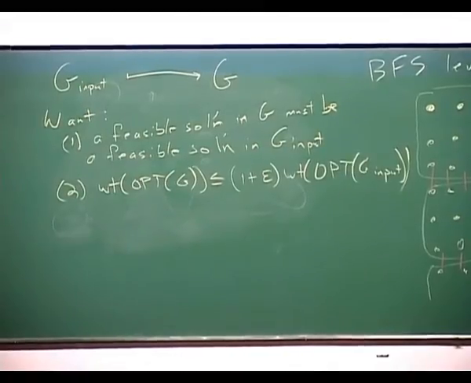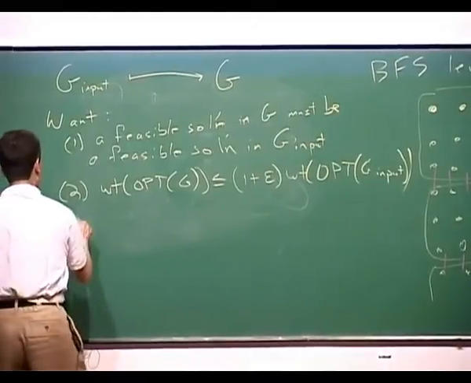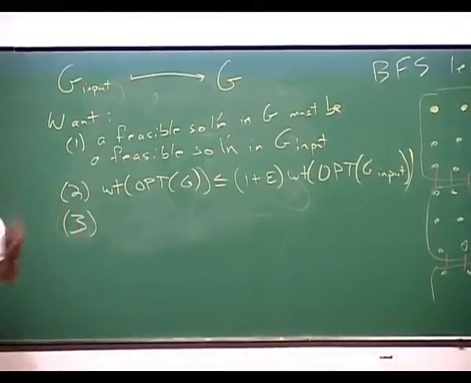All right, there's one more property, which has to do with why we're actually considering this kind of modification in the first place. Why would we bother? Why are we transforming G input into G anyway? Does anyone remember?